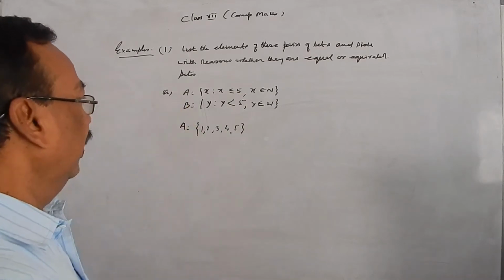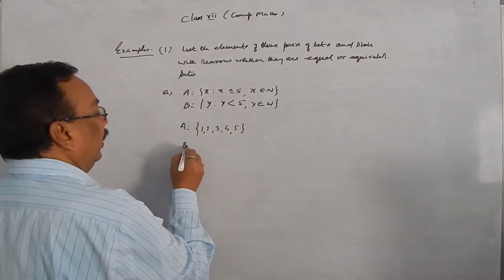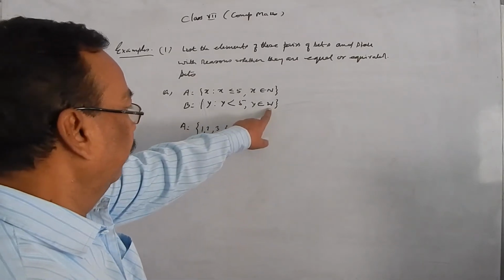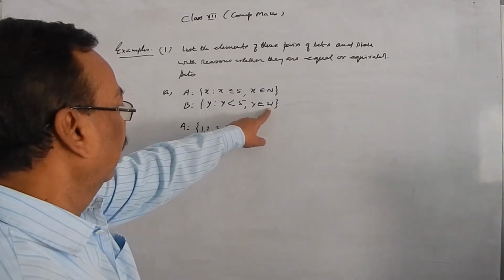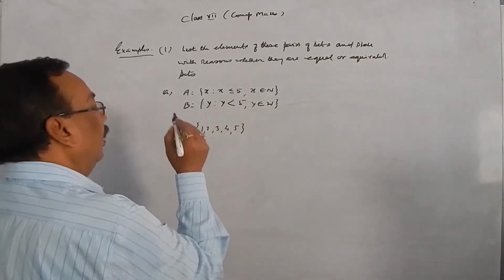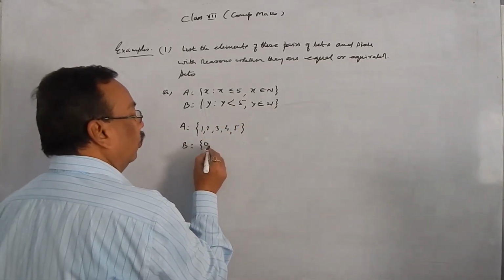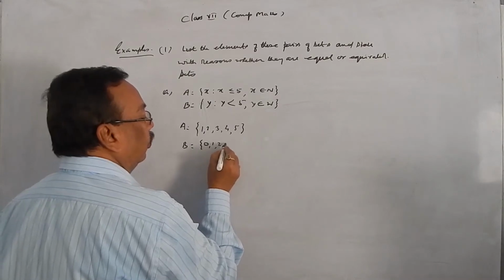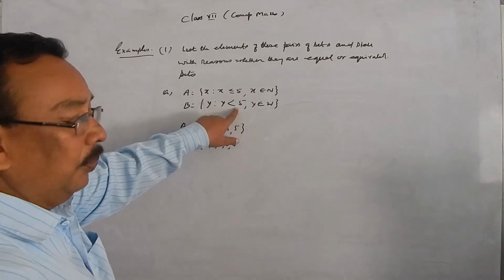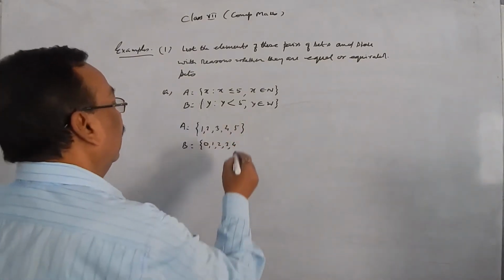B is whole numbers less than 5. Whole numbers start from 0, 1, 2, 3, 4. 5 we will not write because 5 is not less than 5.